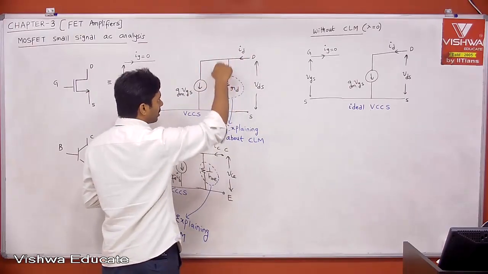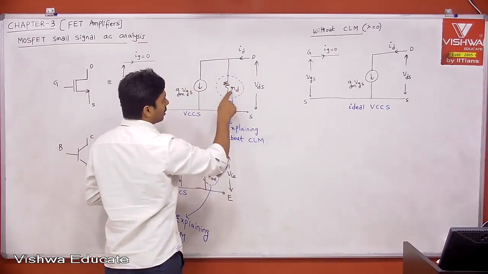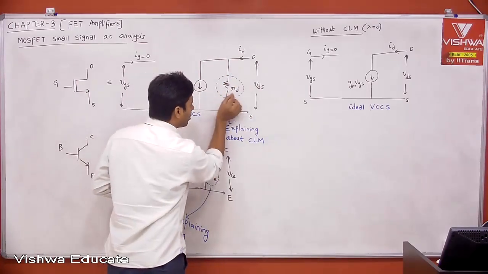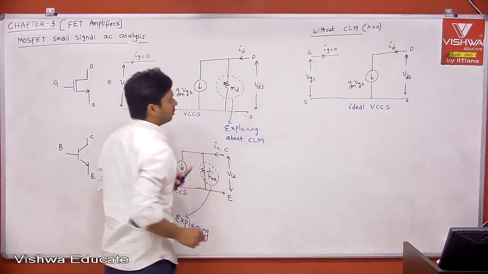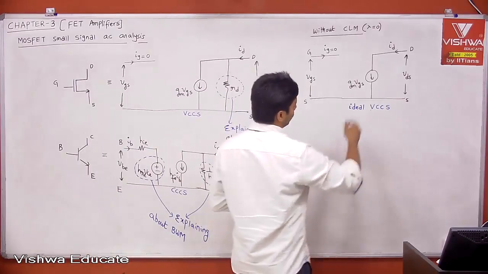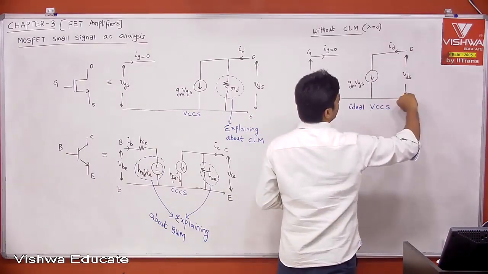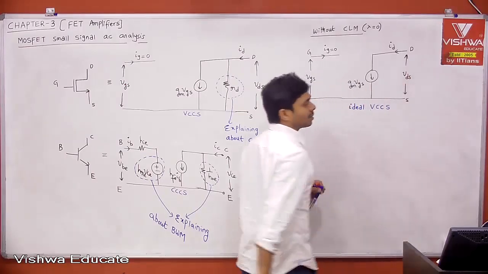Therefore, this current is equal to this current plus this current. ID is equal to GM into VGS plus the current flowing through RD. That current is nothing but VDS divided by RD. Means the current flowing through RD is depending on VDS. Okay, that's fine. Here the current flowing through drain to source, or the channel, is only depending on VGS, independent of VDS.